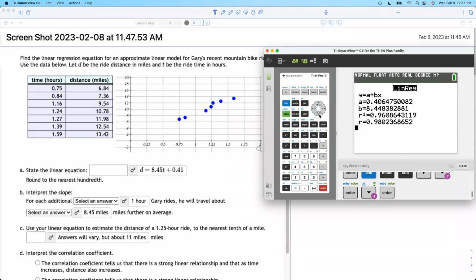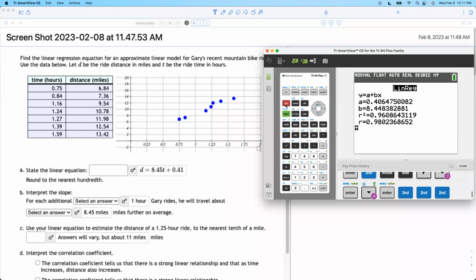If your screen looks different, some of the older calculators, you won't see all that. You'll just have a cursor blinking. It'll say linear regression, and the cursor's blinking, waiting for you to type something. What you would type would be L1. Let me start over.